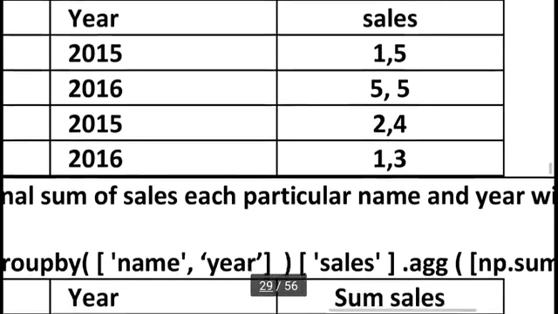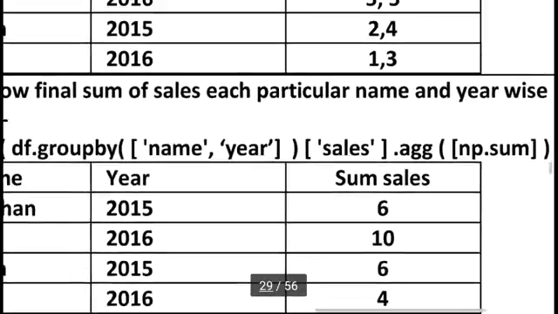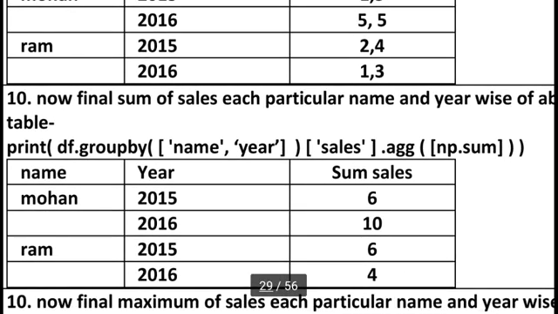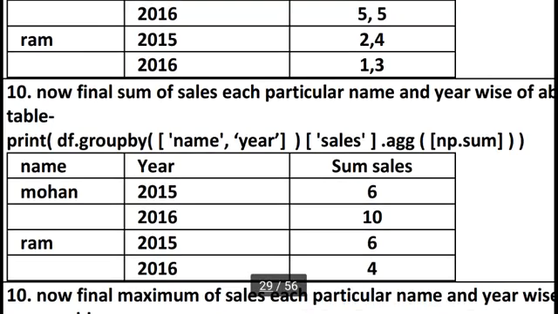So here I want to select sales, and which operation I want to perform on the sales column. Here I want to see sum. So here you can see Mohan 2015 sales 6 items, Mohan 2016 sales 10 items, Ram 2015 sales 6 items, and Ram 2016 sales 4 items.